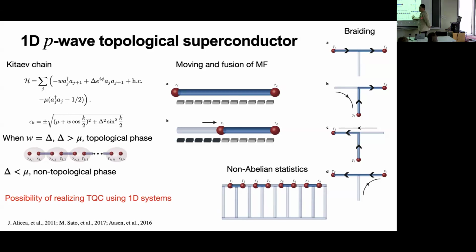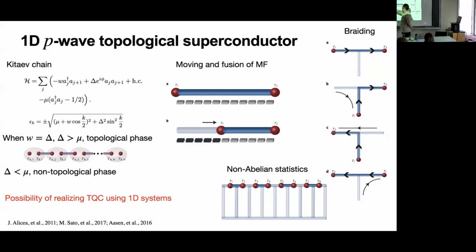People have explored the possibilities of these models, and thought maybe we can move the Majorana fermions around in the 1D p-wave superconductor. So theoretical protocols have been proposed. One can apply electric voltage to change the parameter, the chemical potential.